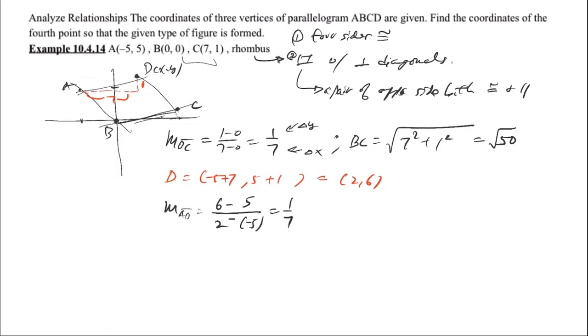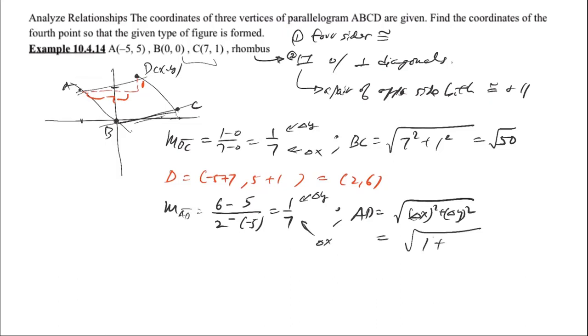So that's 1/7. Oopsie, slope is exactly the same. And then you know that AD is the square root of change in x squared plus change in y squared. But then again, that is change in y and that is change in x, isn't it? Right, so I could just put it in there, which is root 50.